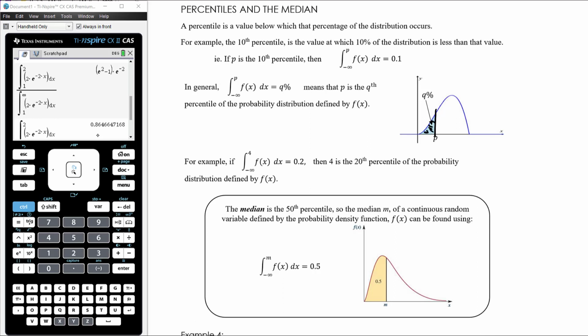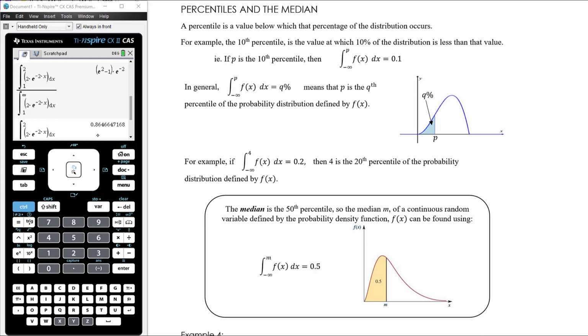That means the integral from the smallest possible value in the domain up to P is going to be 10%. So the integral from negative infinity, or a number if there's a restricted domain, up to an unknown P, the percentile, is going to equal 10%. Solving that for P will tell me what the percentile is.